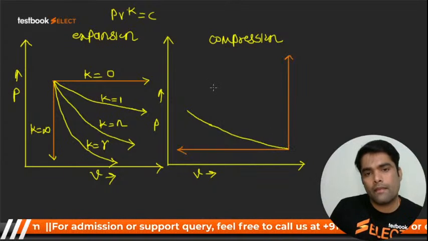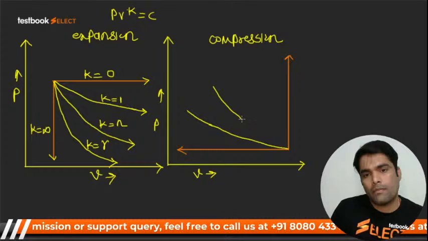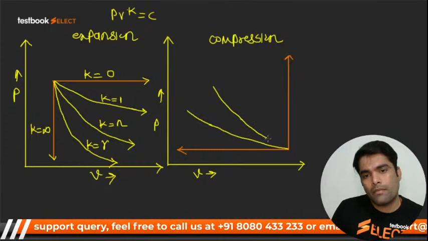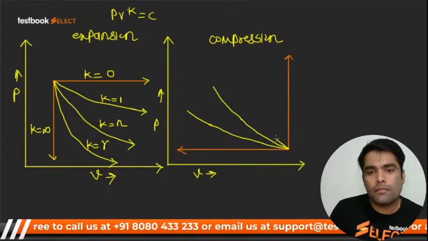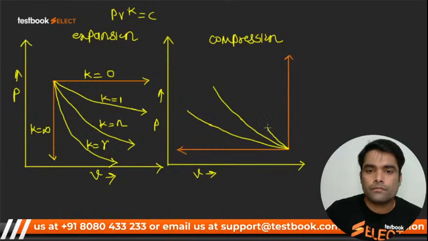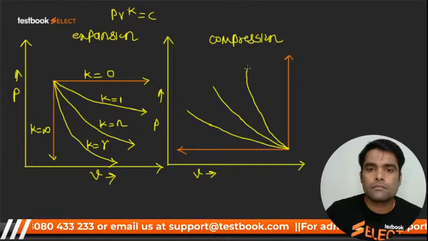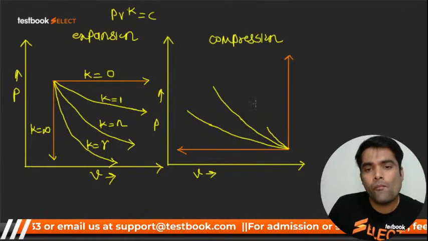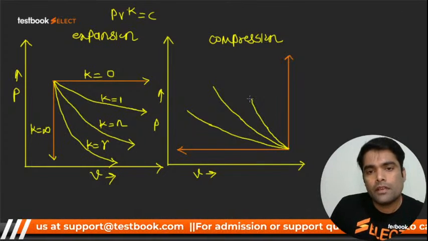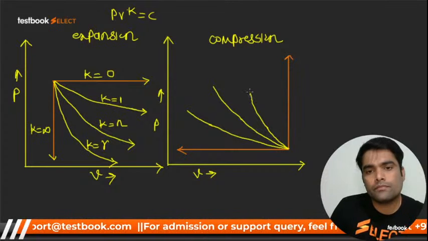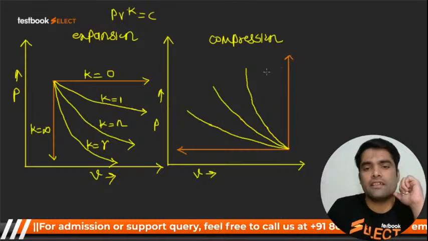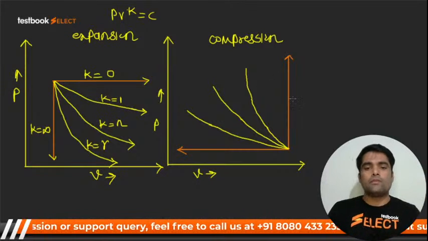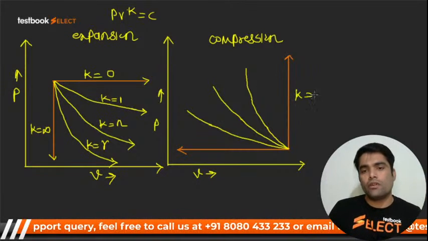Okay. It will be like this right now. And remember, steep सबसे ज्यादा किसका? इसका. And it is what? Constant volume. So definitely K is equal to what?